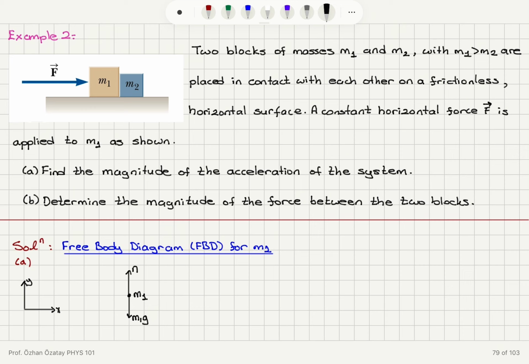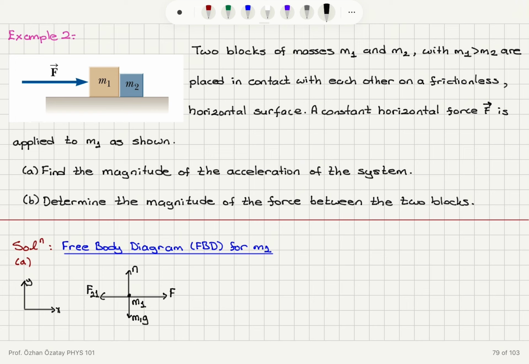Now we have this force F that is to the right, so we can draw a force to the right, and this is F. And then, because M1 is touching M2, there is the force exerted by object 2 on object 1. So this is the force F21.